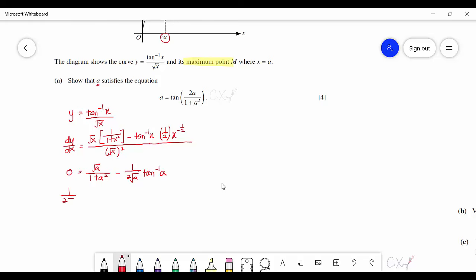So I will put it like this: tangent inverse A equals square root A divided by 1 plus A squared, then of course I will move the 2 square root A over. Therefore, my tangent inverse A will become 2A divided by 1 plus A squared. Then very obviously, if you bring the tangent inverse over, it will become A equals tangent of 2A divided by 1 plus A squared. So this is something that they want you to prove. So A fulfills this equation.